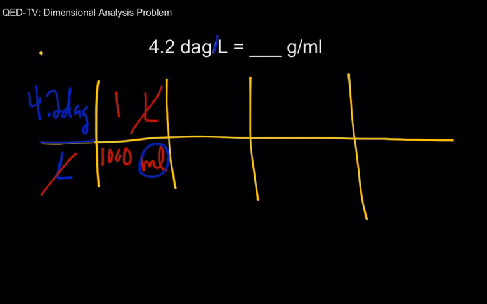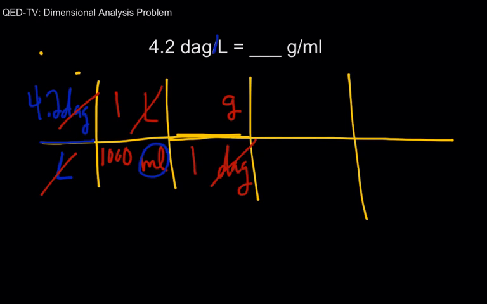Now I can go back and work on the top unit of decagrams. I find my next available conversion factor location, which is right in this spot here. I don't want decagrams on the top, I want grams. So I'm going to put decagrams on the bottom so that it will cancel out. On the top, I'm going to put grams, because I know a conversion factor between grams and decagrams.